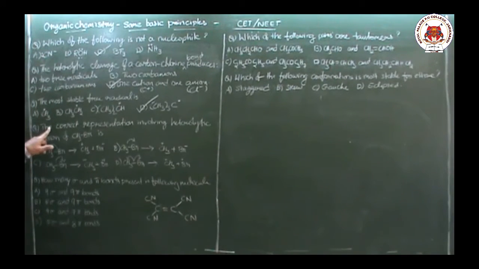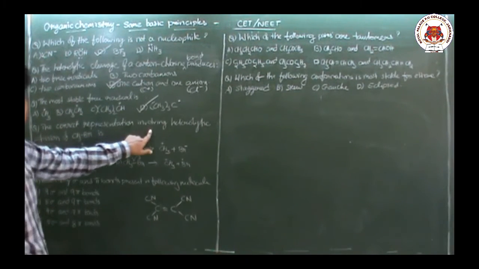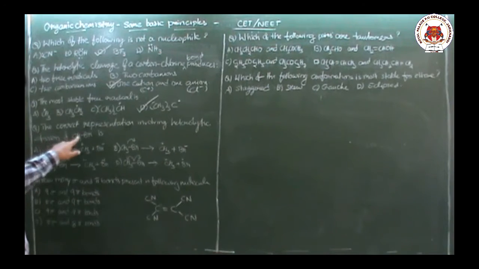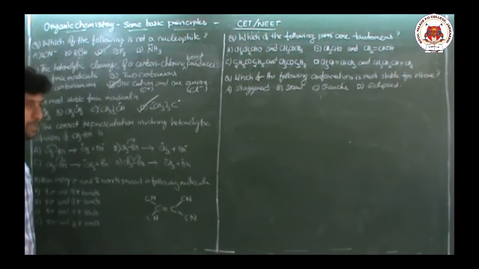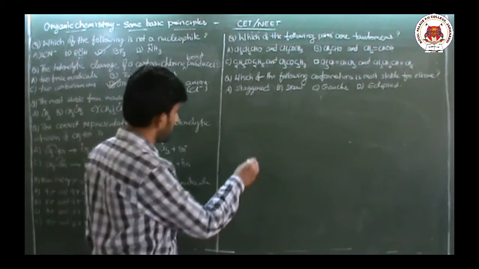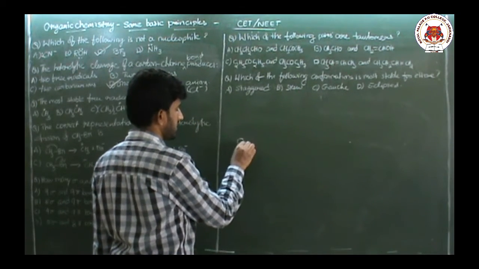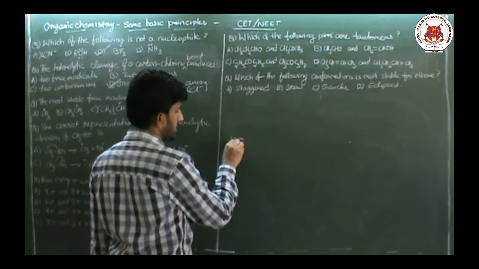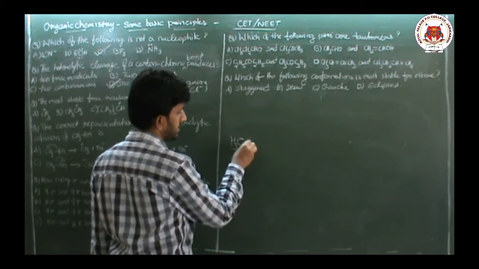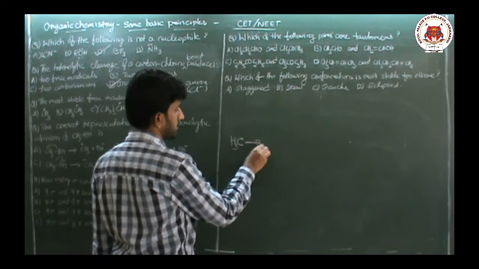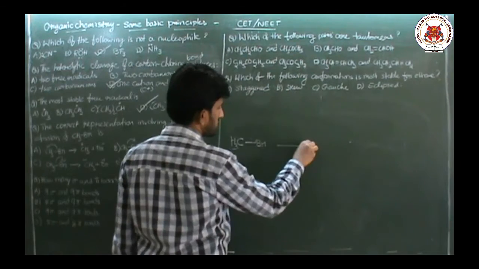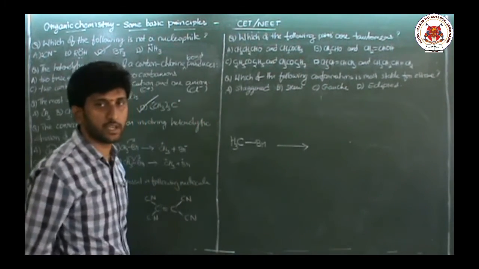Next, the correct representation involving heterolytic fission of CH3Br is. Now just now we have discussed heterolytic fission. I am writing CH3 this side, and Br. This bond should undergo heterolytic cleavage.